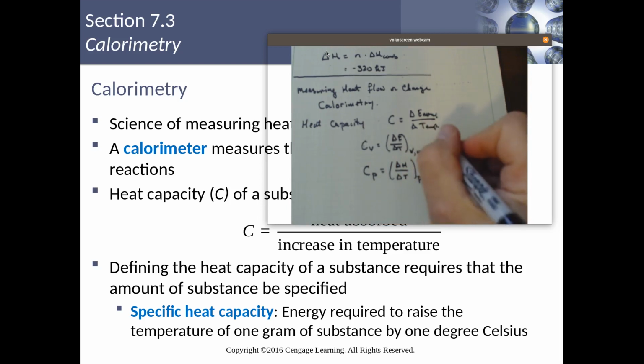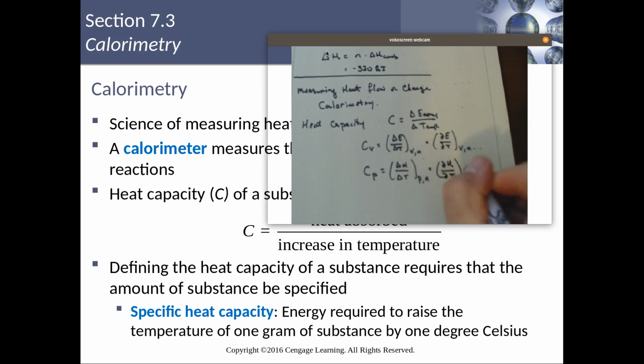And of course I really want to write this as a differential: Cv is the derivative of E with respect to temperature at constant volume and number of moles, and Cp is the derivative of H with respect to the temperature, keeping the pressure constant, and again keeping the moles.